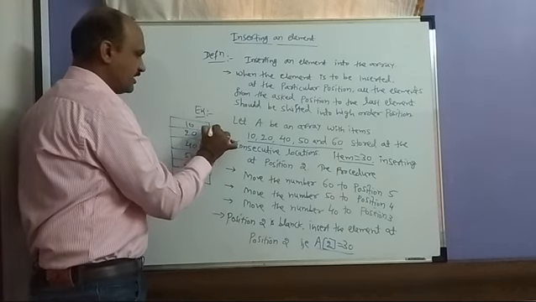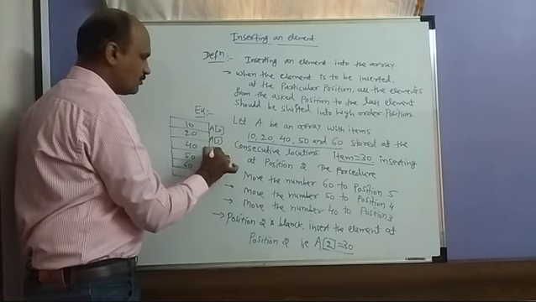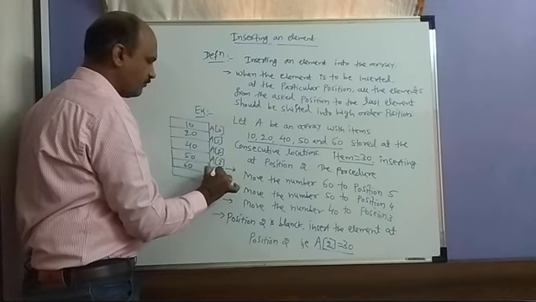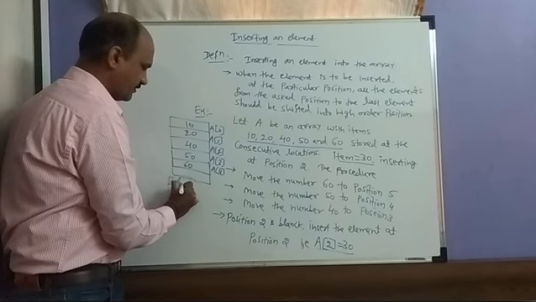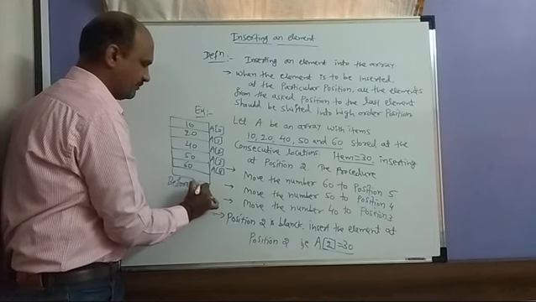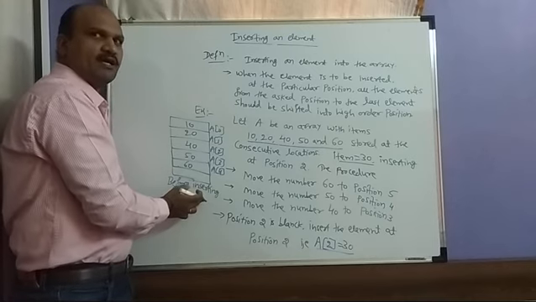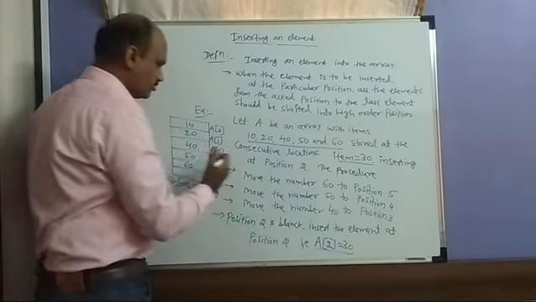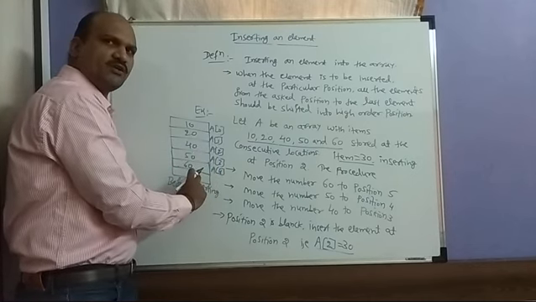That is A of 0, A of 1, A of 2, A of 3, A of 4. This is before inserting the new element. After inserting, as I told you, move the number 60 to the position 5.